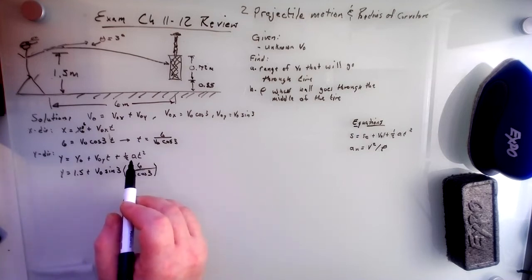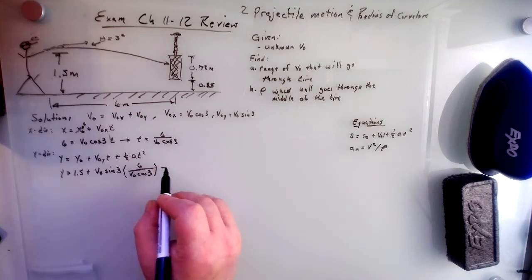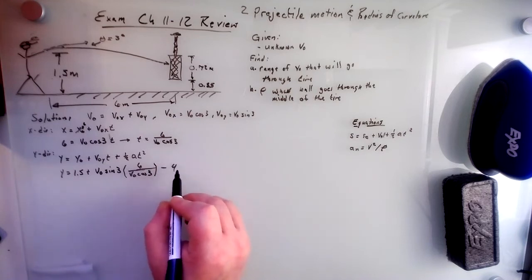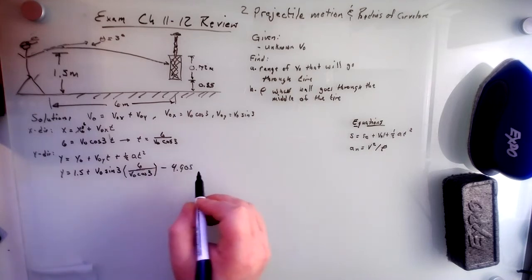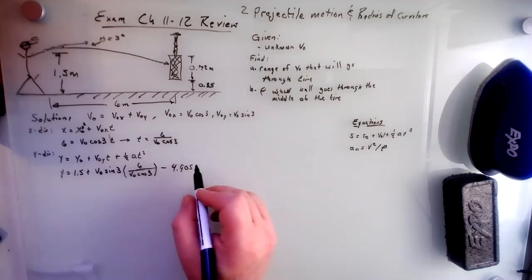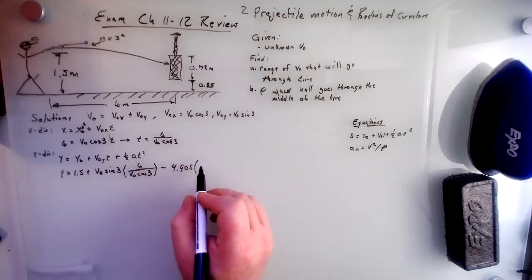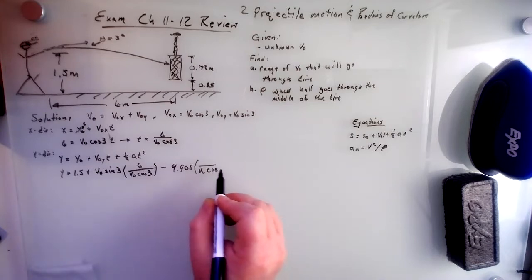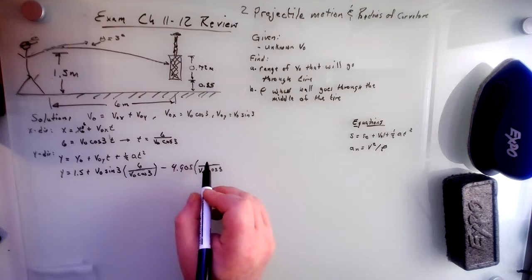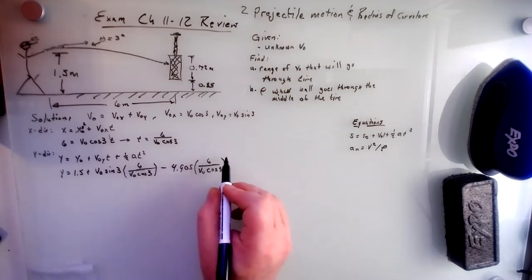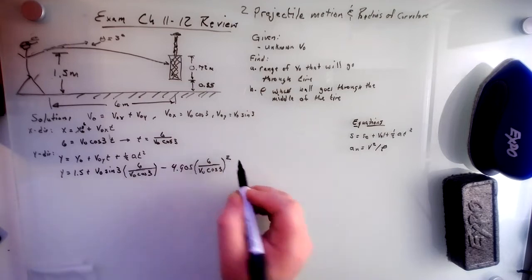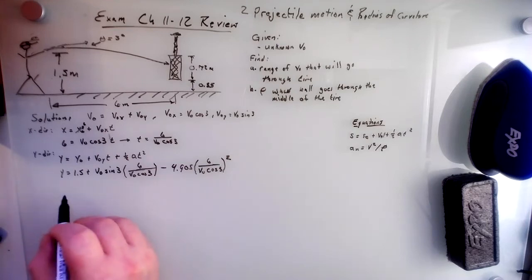Half a is minus, so minus 4.905, and then t squared. So same thing, v naught cosine 3, 6, and this time it's squared. So it looks like we're going to simplify, that's fine.